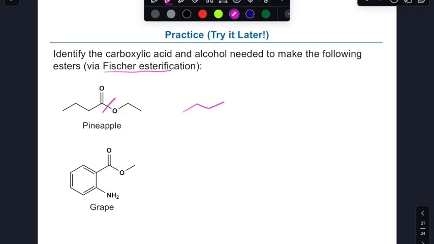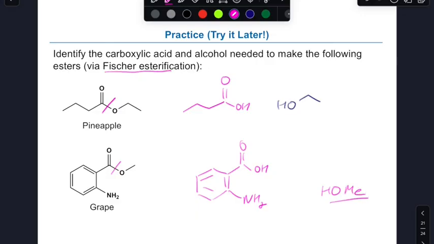So we'd separate that into this carboxylic acid, which would be our electrophile, and in this case, ethanol is our nucleophile. In the latter example, that's the bond we're cutting here. That gives us this aromatic benzene ring as the carboxylic acid, with NH2, and methanol as our nucleophile in that case.